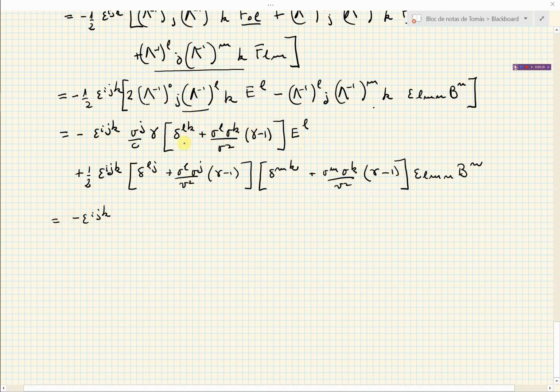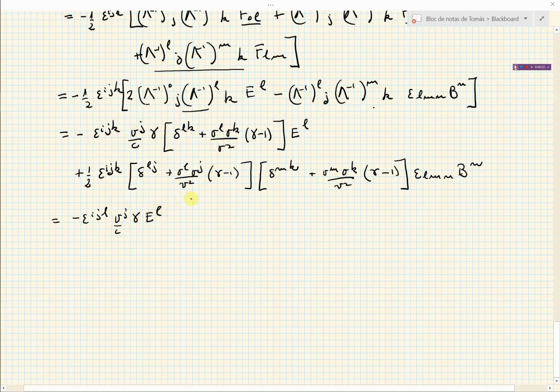It gives me, I just have to replace k by L. Then this first term gives me Vj over C gamma and EL. But this multiplying this epsilon by Vj and then by Vk gives 0 because you have two V's repeated. So this is it.